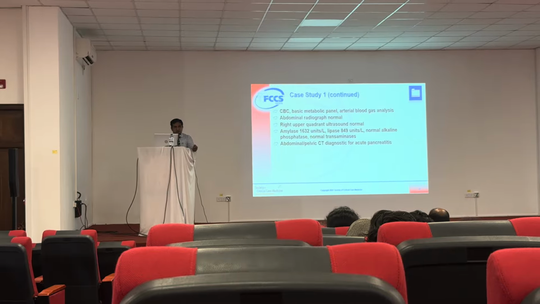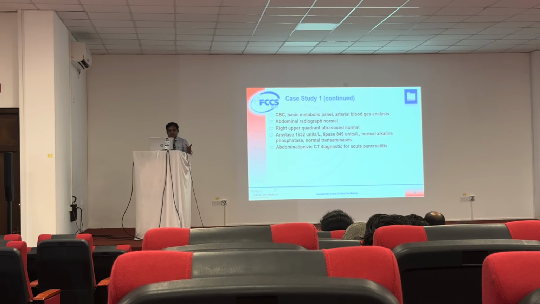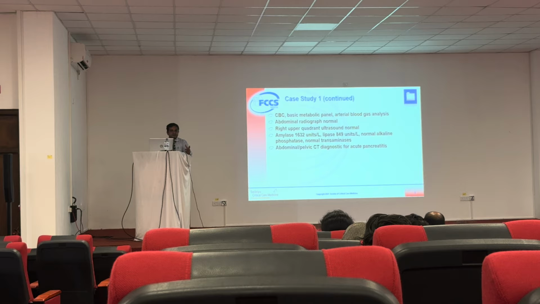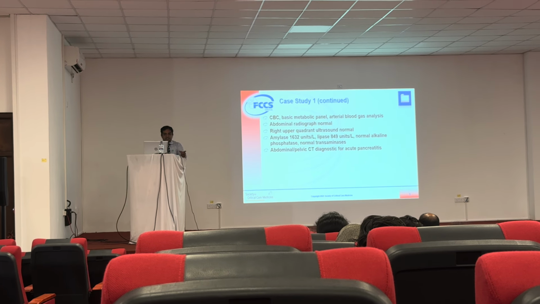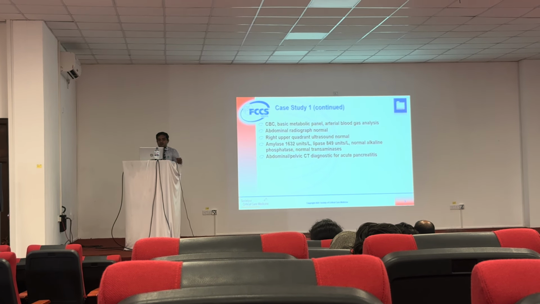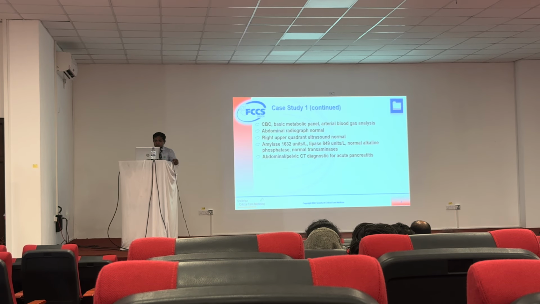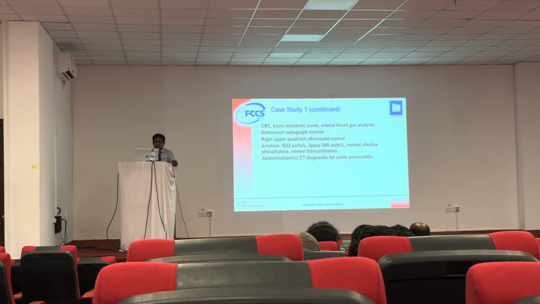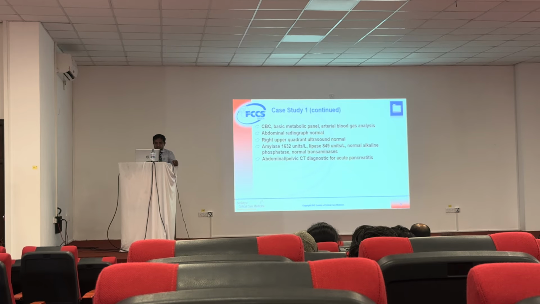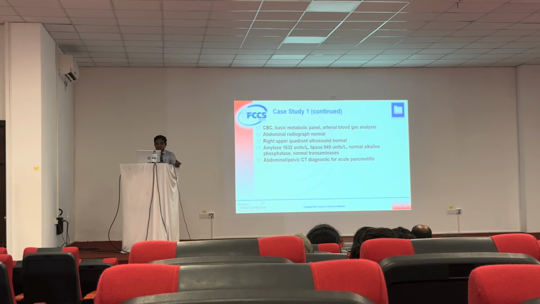And as usual, if you know a chronic alcoholic with this sort of epigastric pain, you may think about pancreatitis. So you definitely do the serum amylase or lipase. Normal alkaline phosphatase, normal transaminase, other values also mentioned here. Amylase and lipase have gone up.